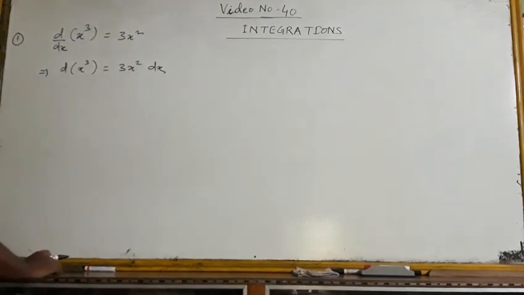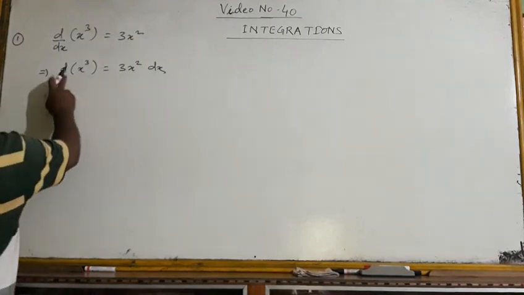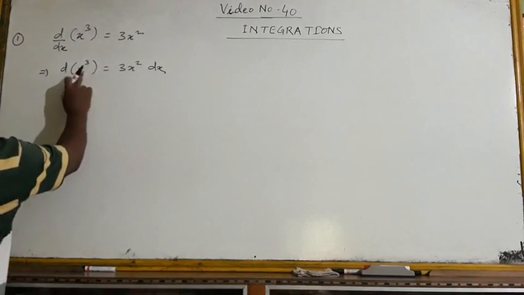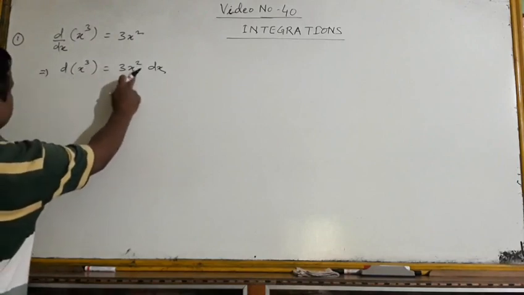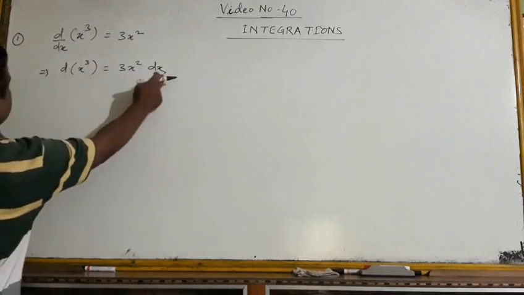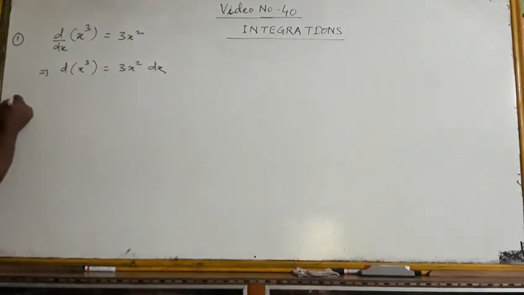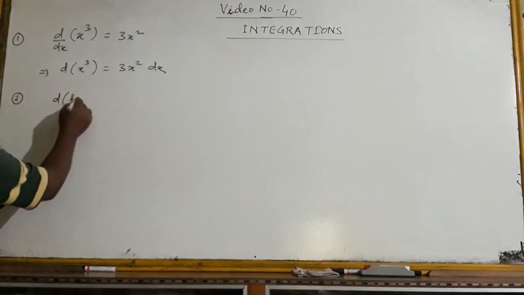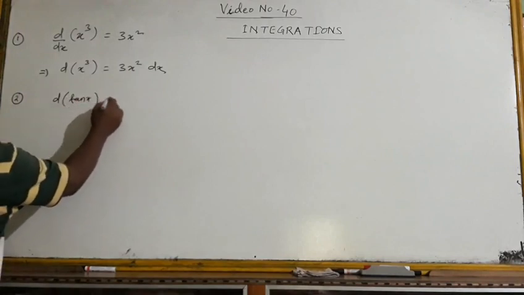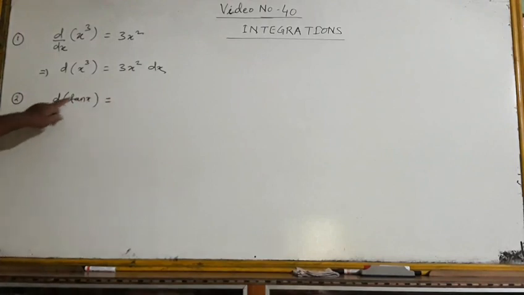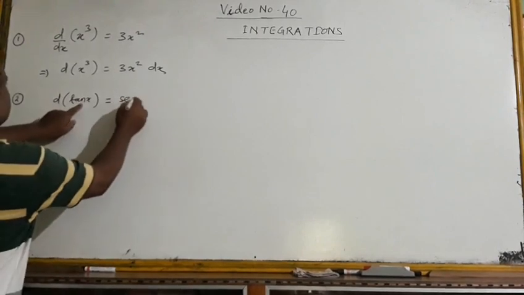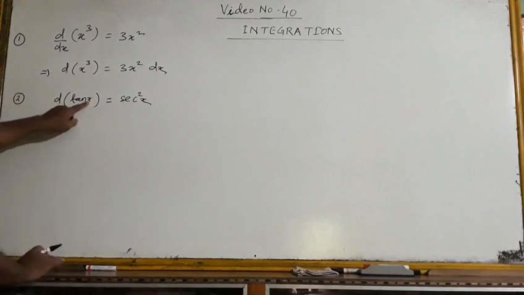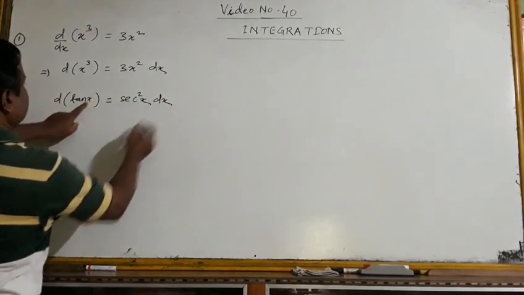Mind it, if you write this line directly, d of x cube means the derivative of x cube is 3x square, and with respect to x we just multiply dx here. Second, if I ask you d tan x, what will you write? You have to write the derivative of tan x, it is sec square x, into, as the variable is x, you have to write dx.